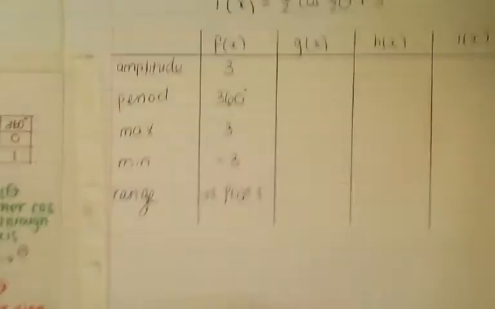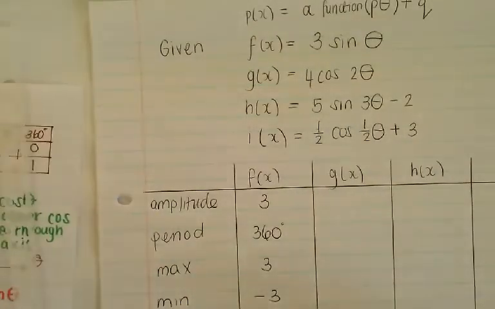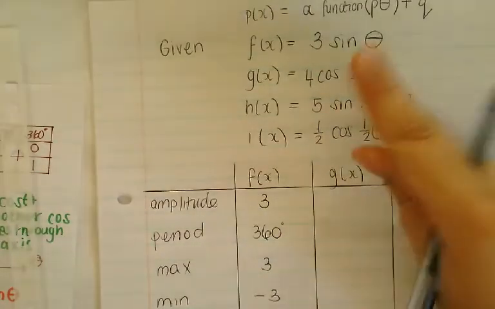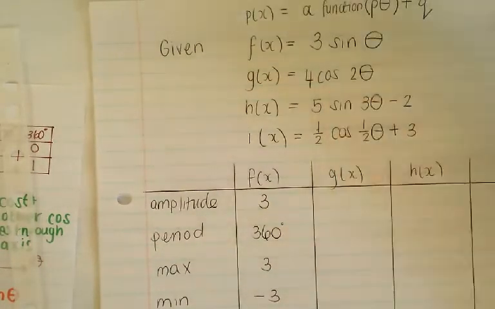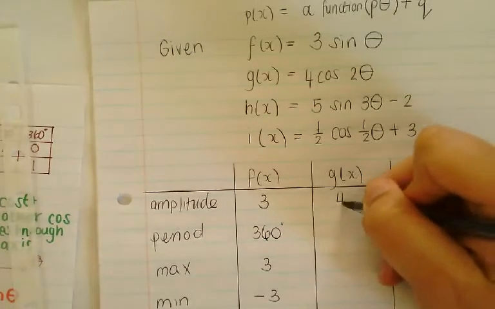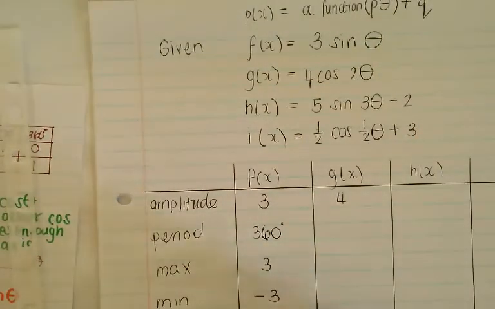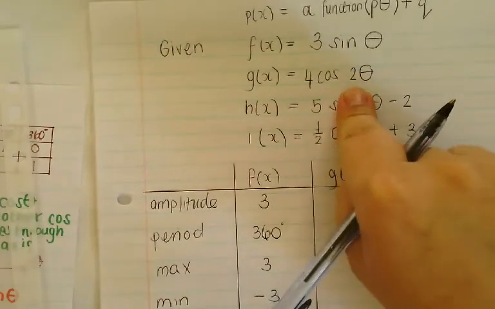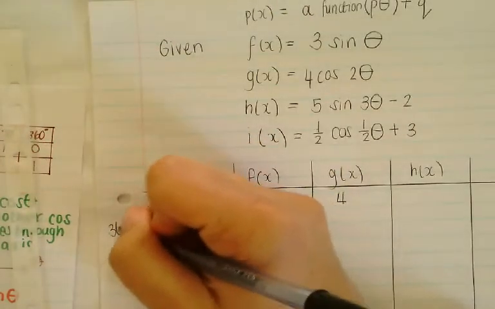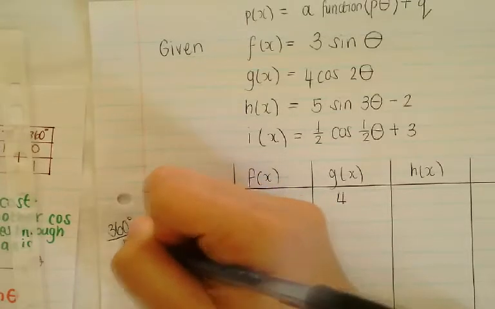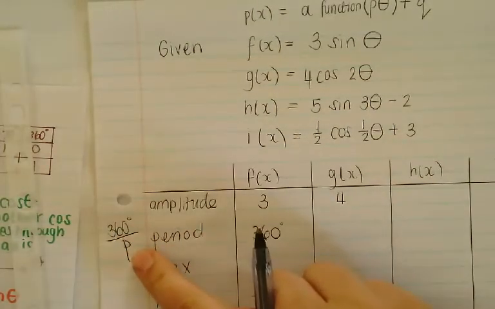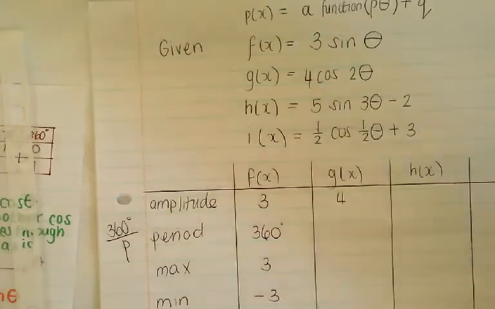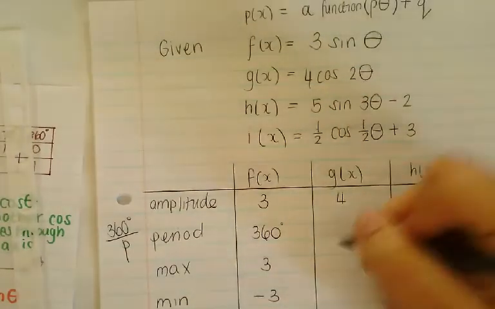Okay, let's do g of x together. What is the amplitude in g of x? What is the period? Well, now we need to be careful because the period has been influenced. Remember, period is 360 degrees divided by that p value. So 360 divided by the 2, what is my new period? 180.